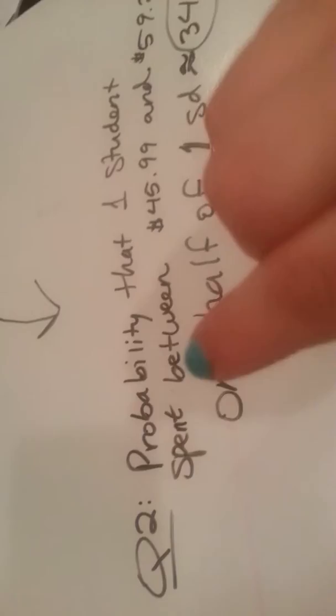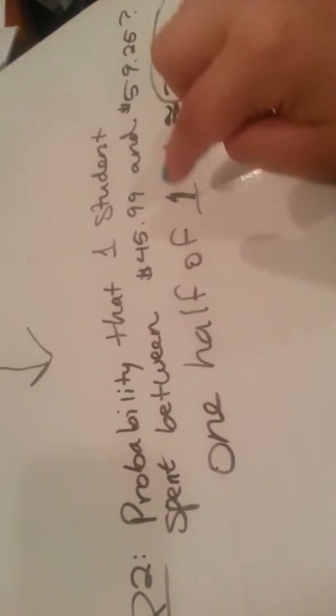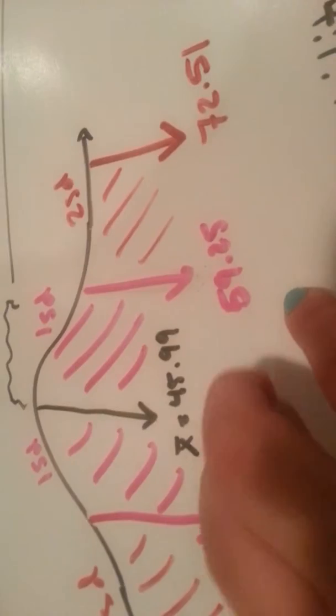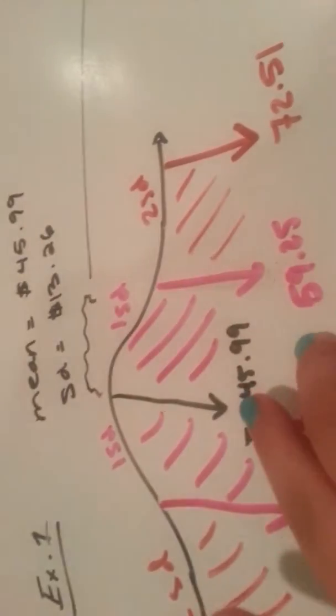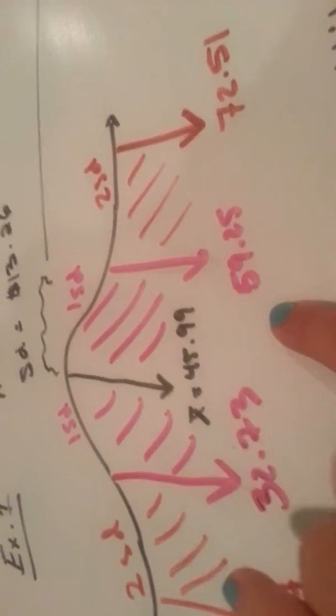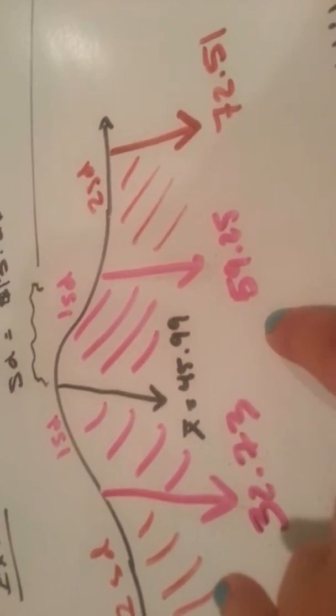So we're going to go into question 2, and this one's a little bit harder. What is the probability that one student spent between $45.99 and 59.25? So you're going to go back to this chart, and you're going to see, okay, the mean is 45.99. And you have the added 13.26 of 59.25. So looking at this, you know that 1 standard deviation is 68%.